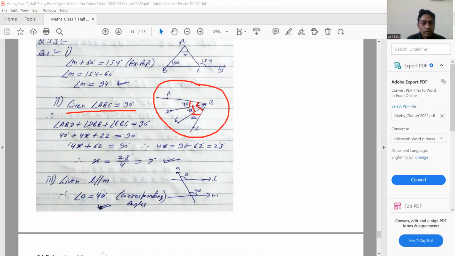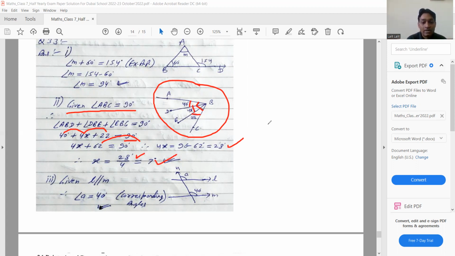So 40 plus 4x plus 22 is equal to 90 degrees. So 4x plus 62 is equal to 90 degrees. When we transpose, 4x is equal to 90 minus 62, which is 28 degrees. So x is equal to 28 upon 4, which is 70. So the value of x in this question is 70.